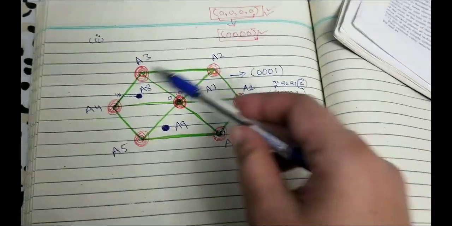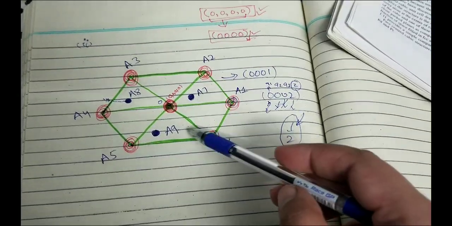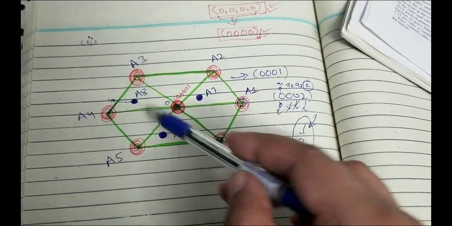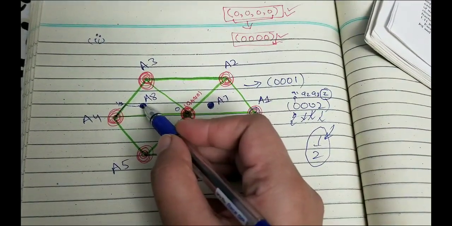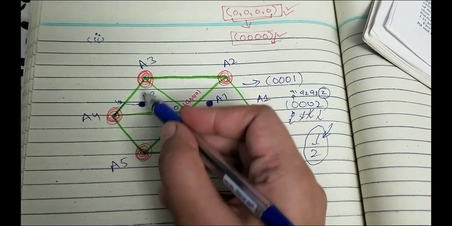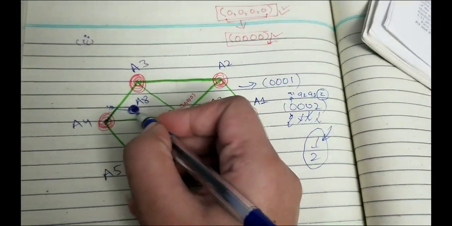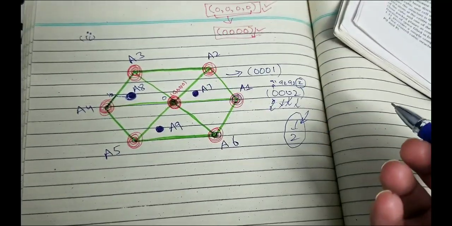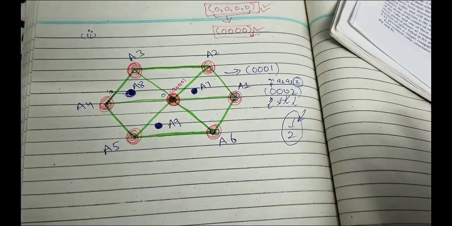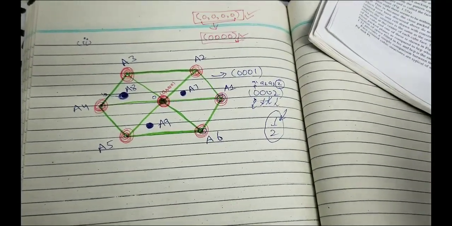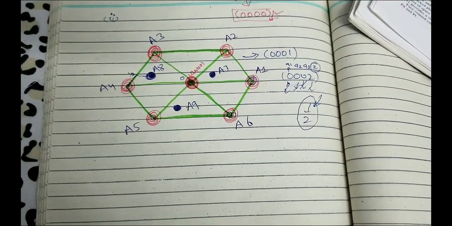These red atoms are on the plane 0001, while these blue atoms are on the plane 0002. I have drawn them as smaller atoms, not because they are different from these atoms, just to differentiate the atoms. You can draw them of the same size, but the position will be confused that way if you make bigger circles. You better make smaller circles to represent the atoms, in order not to confuse their positions.